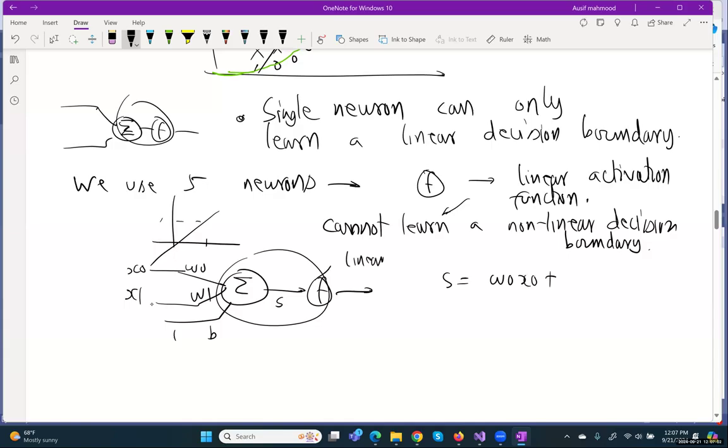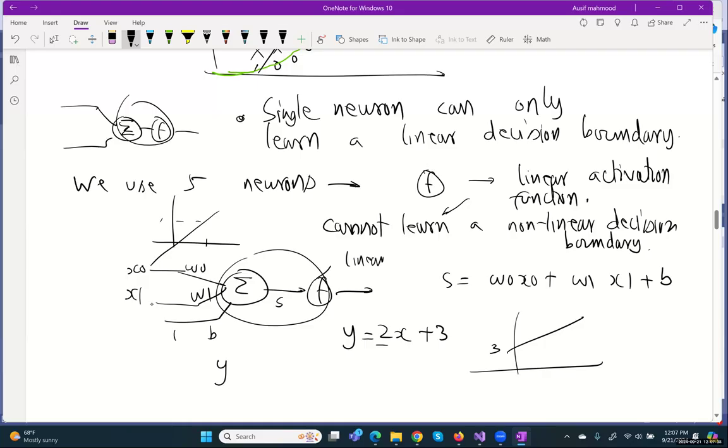W0 X0 plus W1 X1, and plus B. If you remember from your basic math, if I give you y equals 2x plus 3, what type of equation does it create? A straight line, with a slope of 2. The y-intercept will be 3.